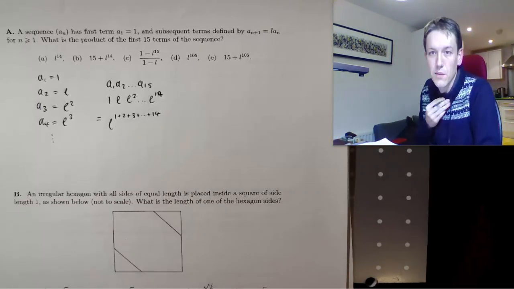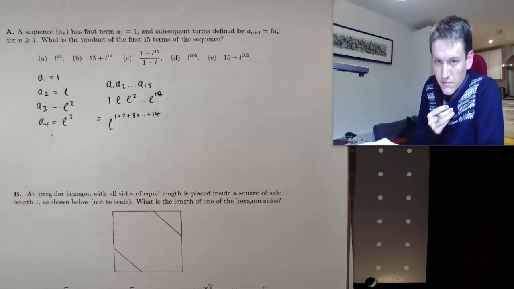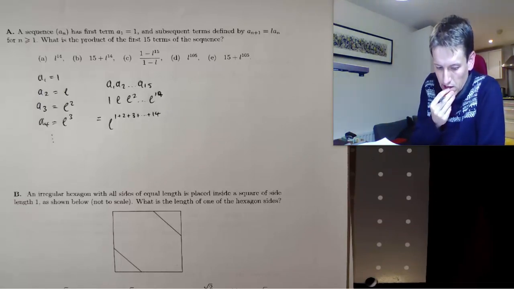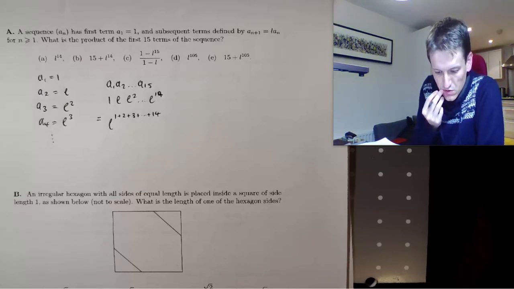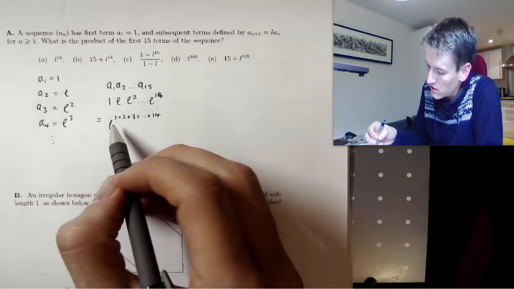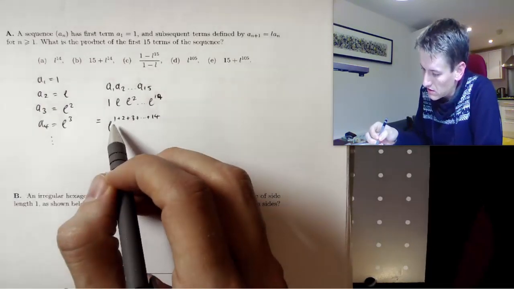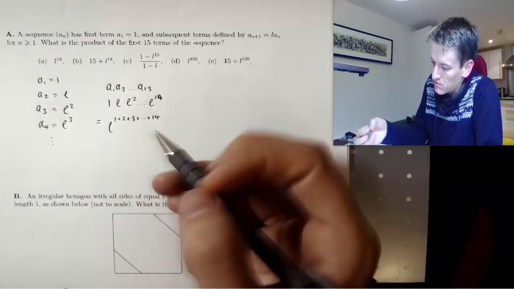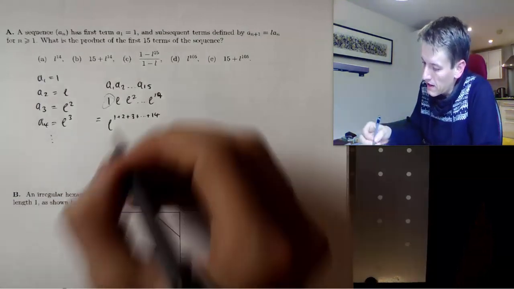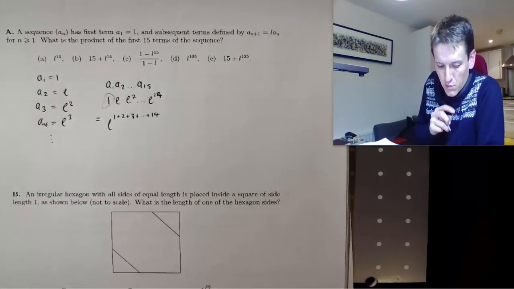You could probably just add this up fairly quickly in your head, but you could also use the formula for the sum of the arithmetic progression here, which has got 14 terms in it, because remember that first one didn't contribute anything. So just adding up the numbers from 1 to 14.